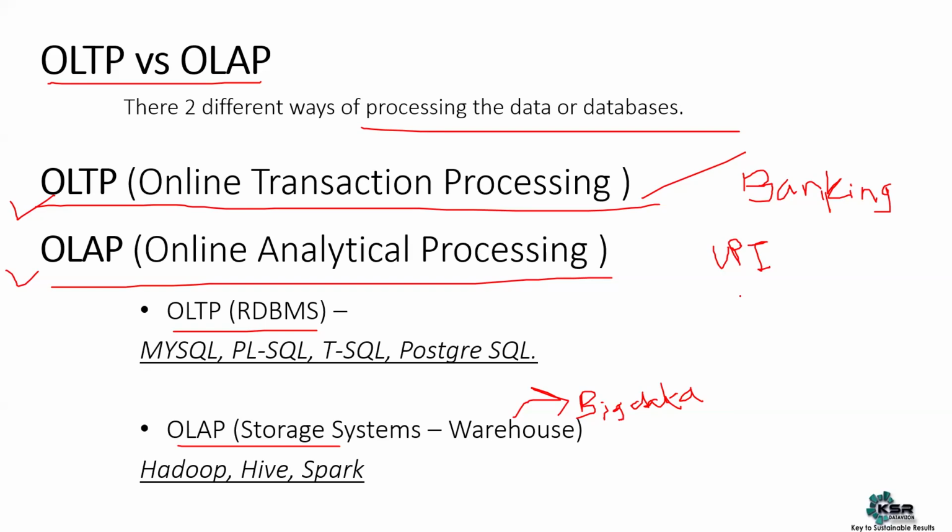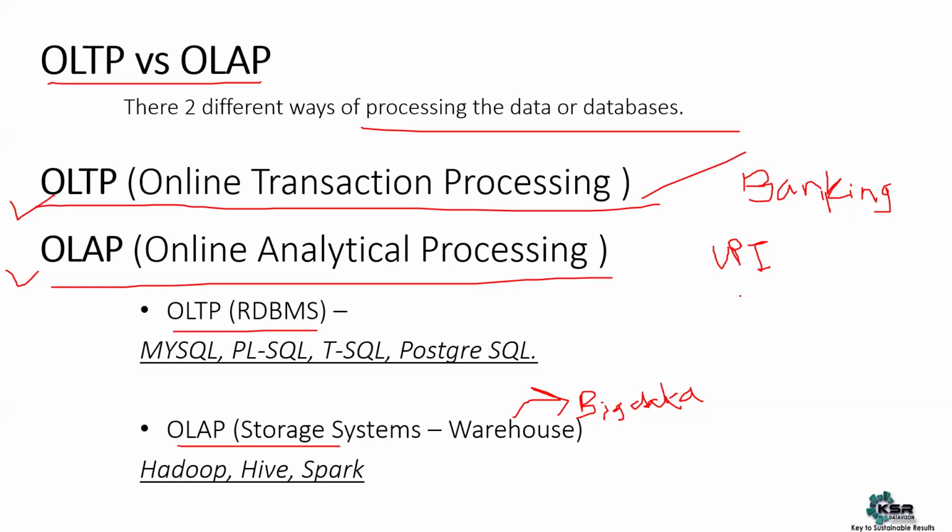Depending on your transaction history, they analyze which credit card is the best fit for you. Only then will the bank give you a suggestion that with your transaction history, they are offering you a credit card with so and so benefits. And how do they offer it? They go back and check your transaction history. The transaction history is nothing but your analytical history.